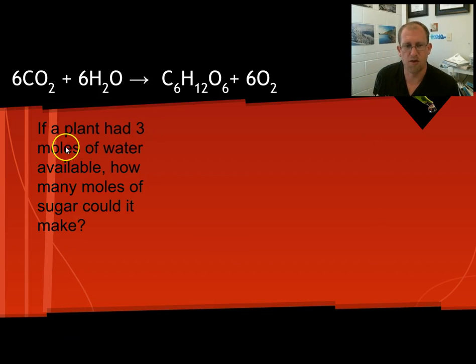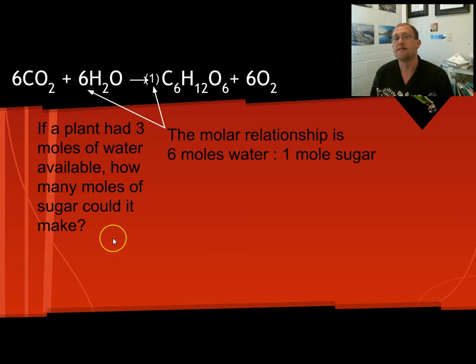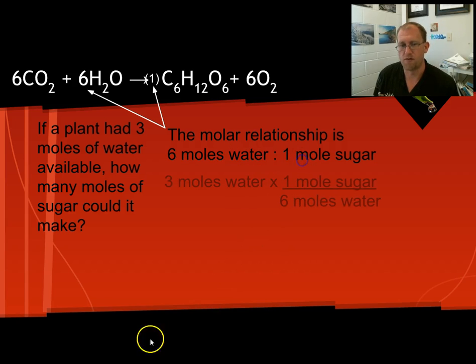If a plant has 3 moles of water available, how many moles of sugar can it make? Well, let's look. This is a coefficient bridge here. There's a relationship of 6 moles of water to 1 mole of sugar. So that's the ratio, 6 moles of water to 1 mole of sugar. I've been told that I have 3 moles of water available. Use bridge notation, 3 moles of water, and the relationship is 1 to 6, moles of sugar to moles of water.